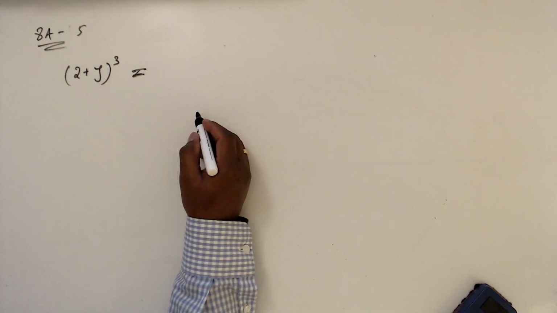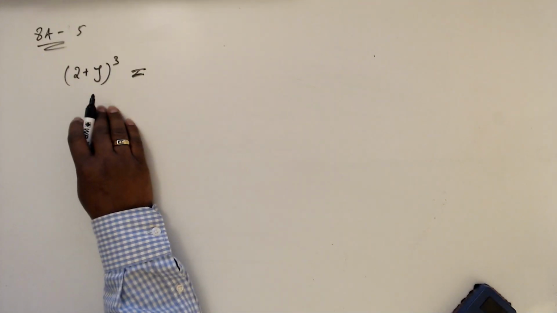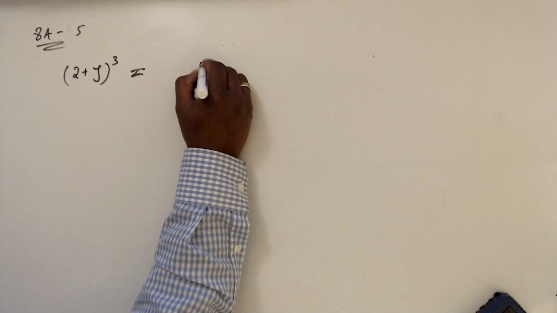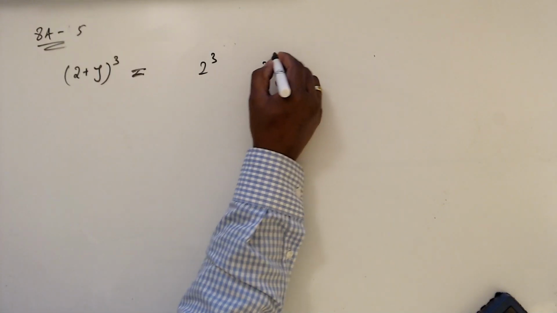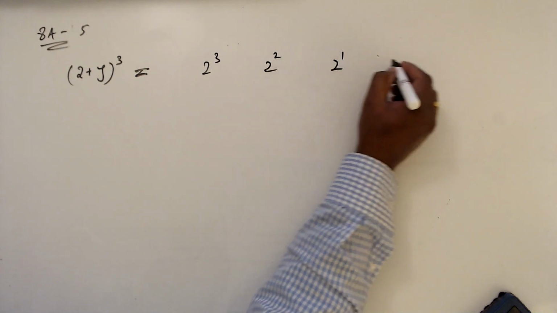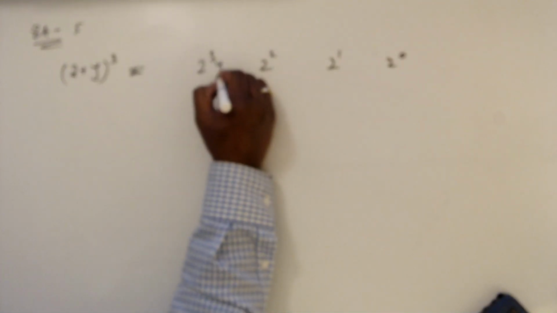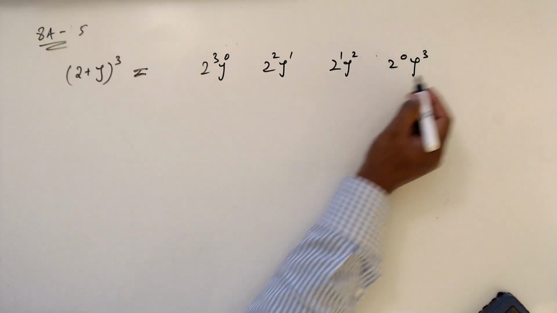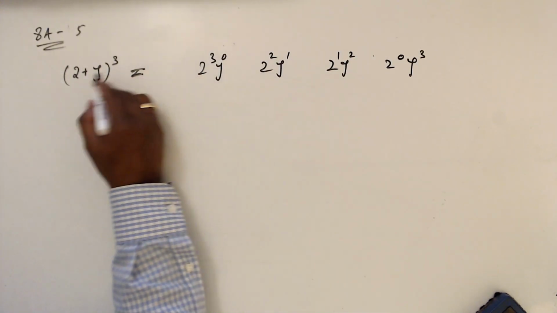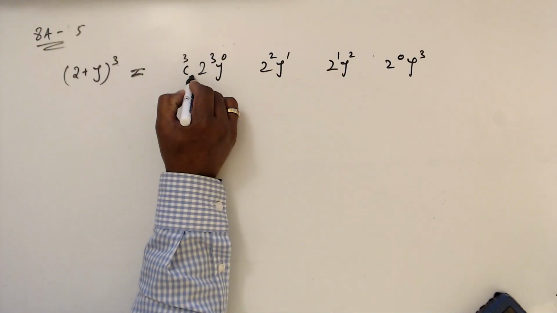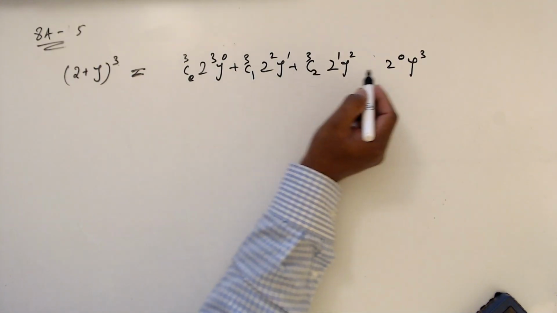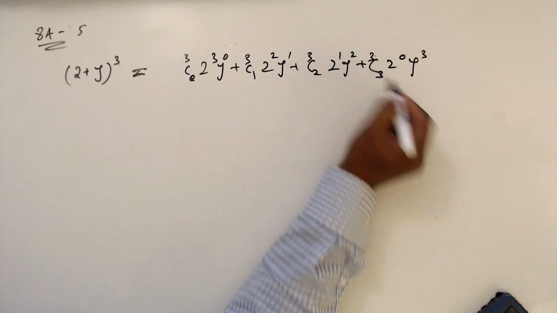We work with the next one. First of all, we expand this one: 2 cubed, 2 squared, 2 to the power 1, 2 to the power 0, y to the power 0, y, y squared, y cubed, and 3c0, 3c1, 3c2, and 3c3.